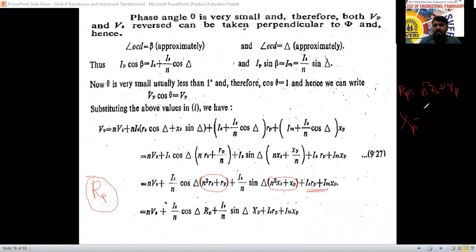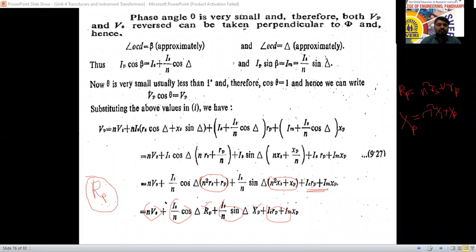So Xp equal to n square Xs plus small xp. So we have replaced this term here with Xp and Rp. Other things we have kept as they are: Is cos delta as it is, Is sin delta also as it is.